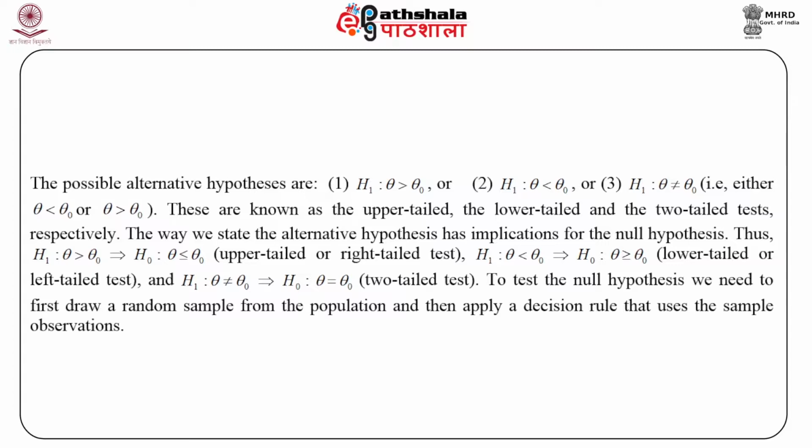Similarly, if we write H1 as theta less than theta 0, then it implies that our null hypothesis H0 is theta greater than or equal to theta 0, which would be a lower-tailed or left-tailed test. And if we write H1 as theta not equal to theta 0, then it implies that our null hypothesis H0 is theta equal to theta 0, which is a two-tailed test.